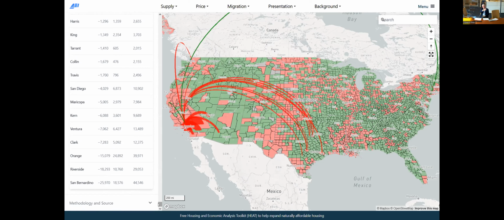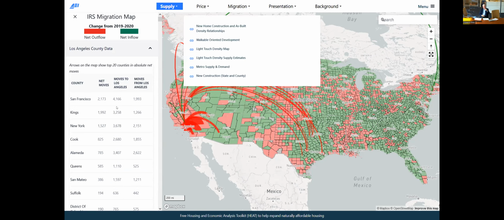Negative outflow from LA becomes inflow into Riverside, San Bernardino. We see Orange County. Clark is Las Vegas. Ventura, Kern County, I think it's in California. Maricopa is Phoenix. San Diego. Traverse is Austin, etc.